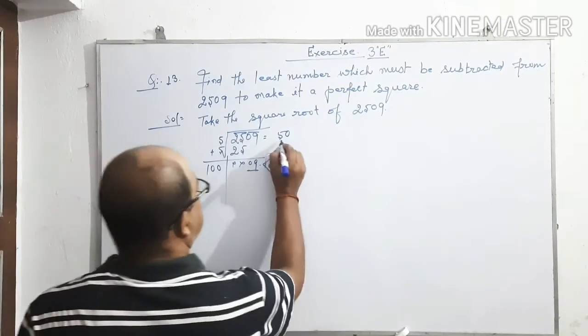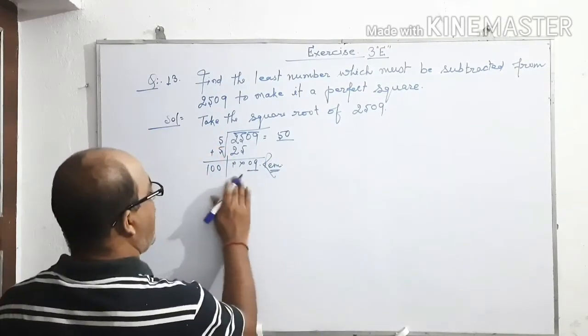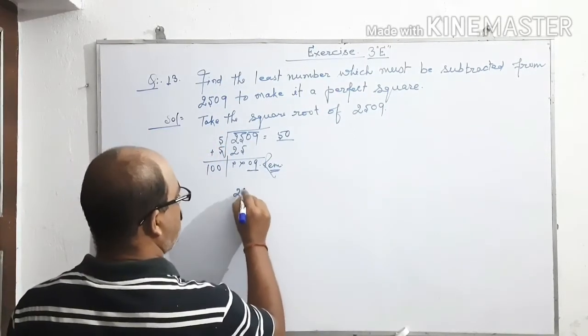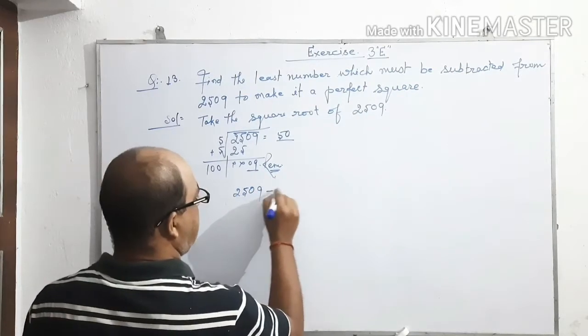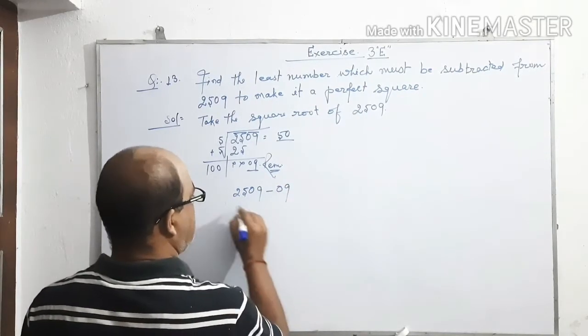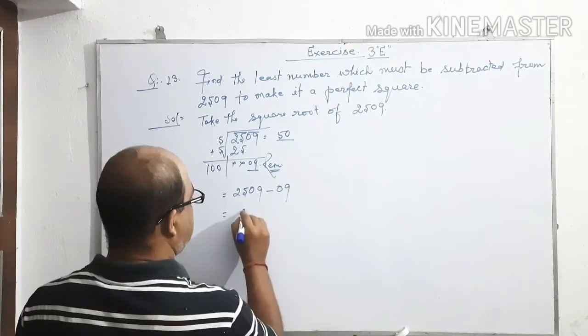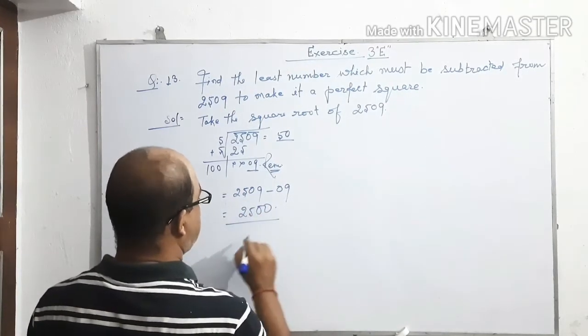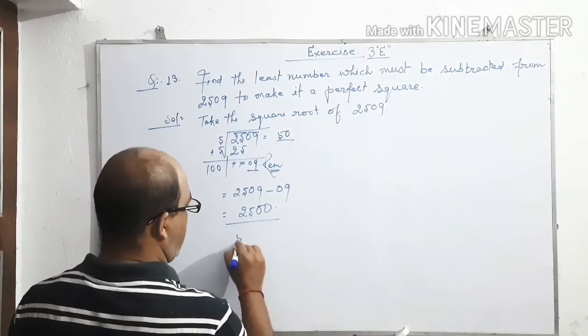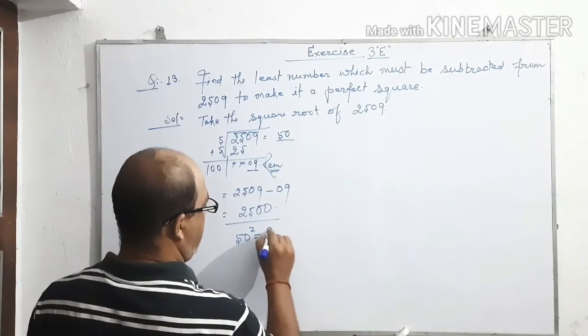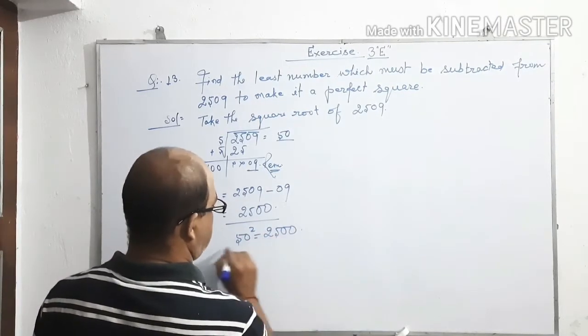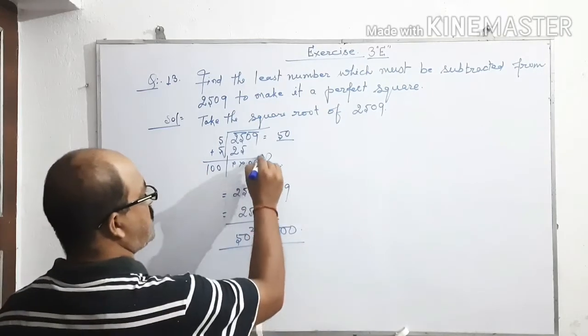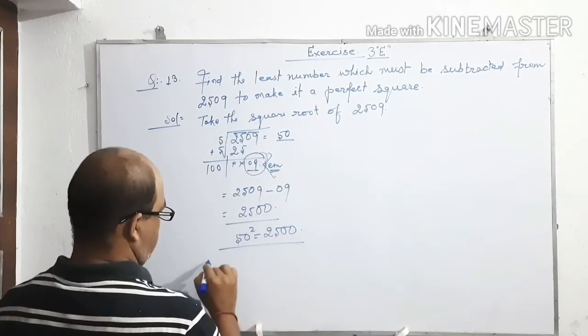So here 50. Now we have to subtract. So 2509 minus 9, it becomes 2500, and 2500 is the perfect square of 50.